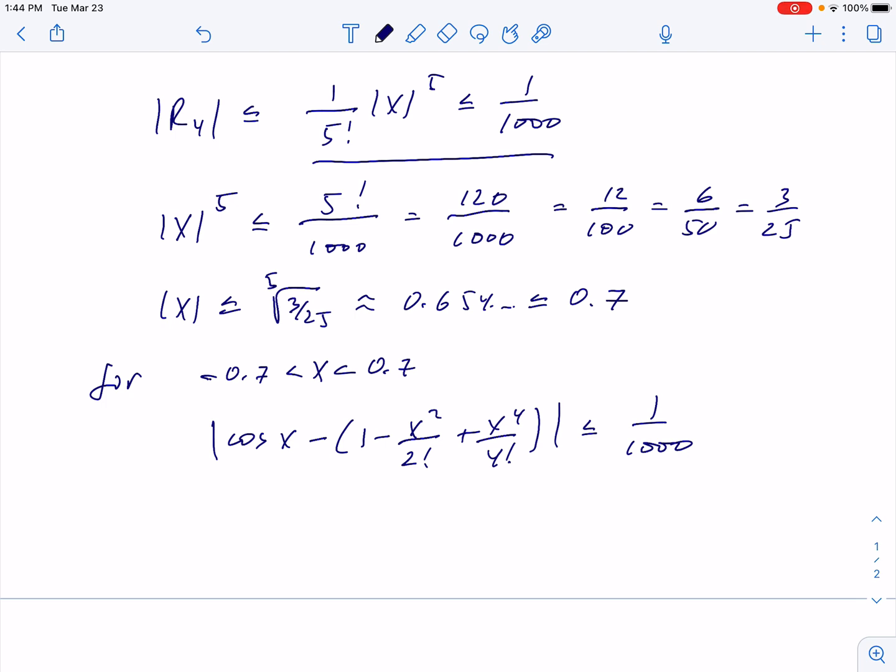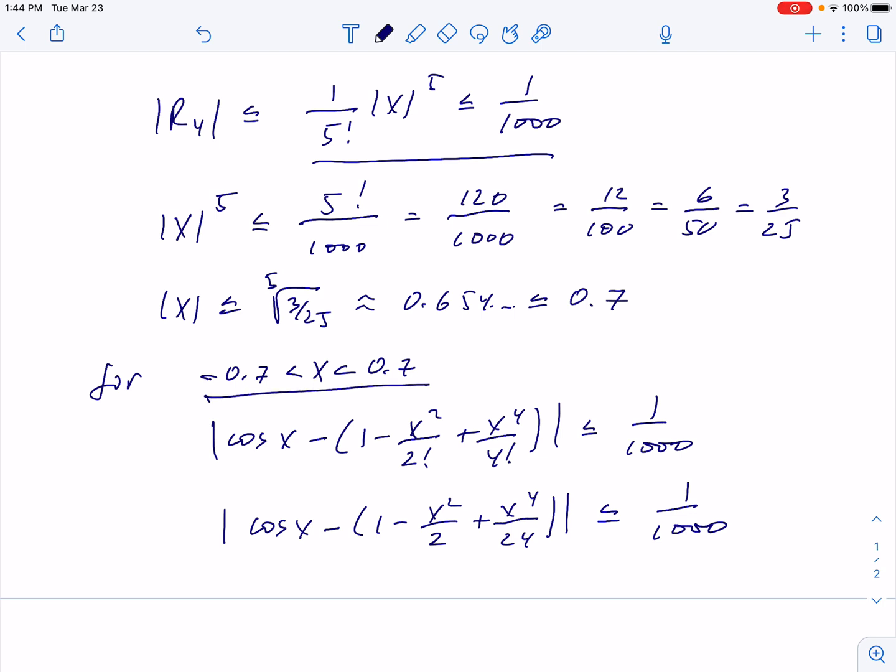This polynomial we can simplify. We can rewrite this in the form cosine x minus 1 minus x squared over 2 plus x fourth power over 24. This will be less or equal 1 over 1000 in our interval. So this is how we work with the Taylor polynomials. We estimate the remainder to see what approximation the Taylor polynomial gives.